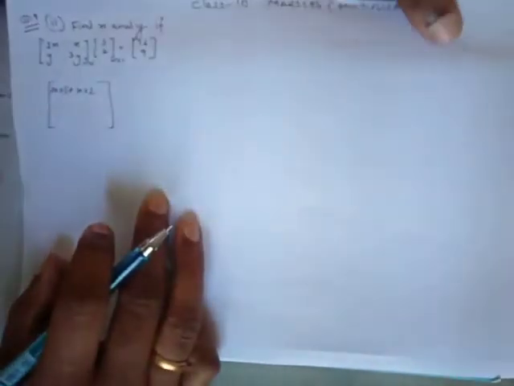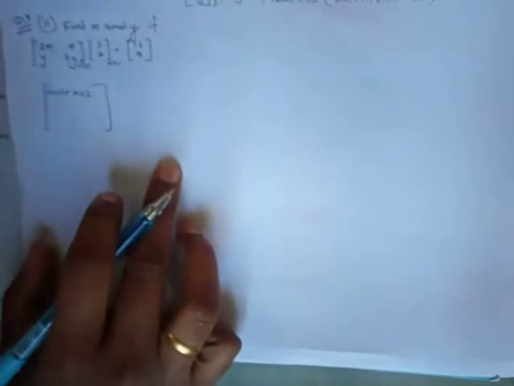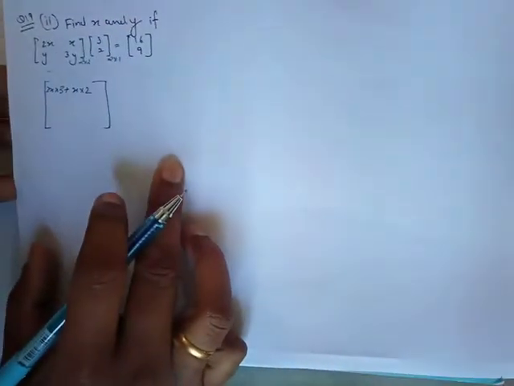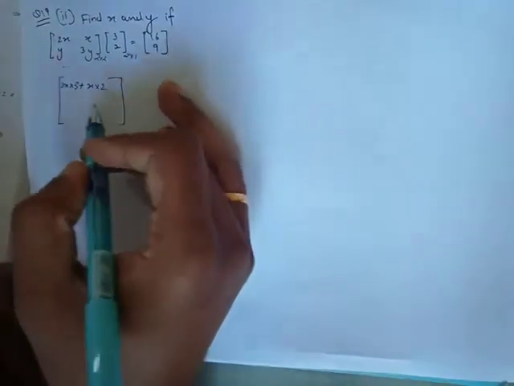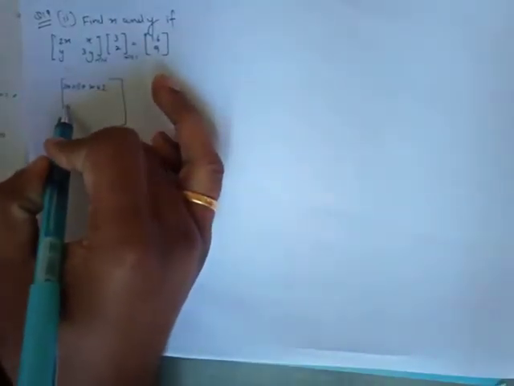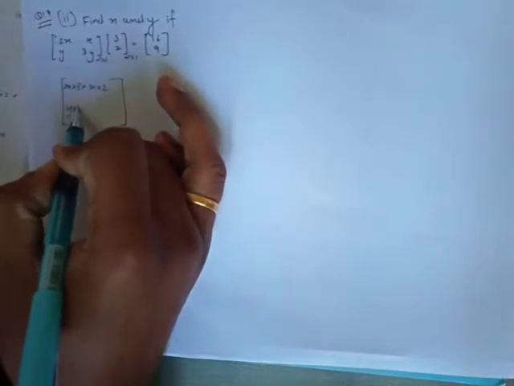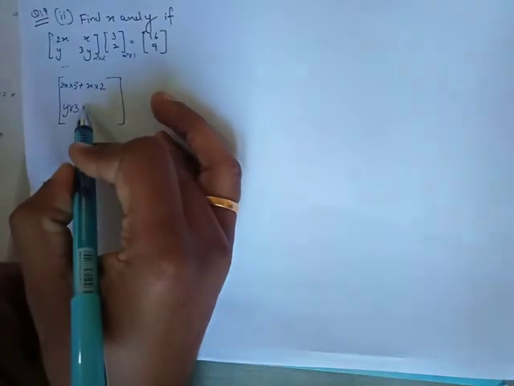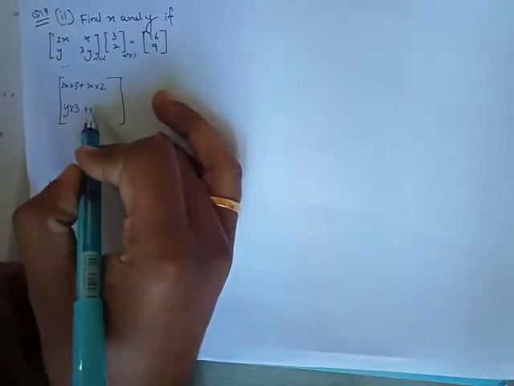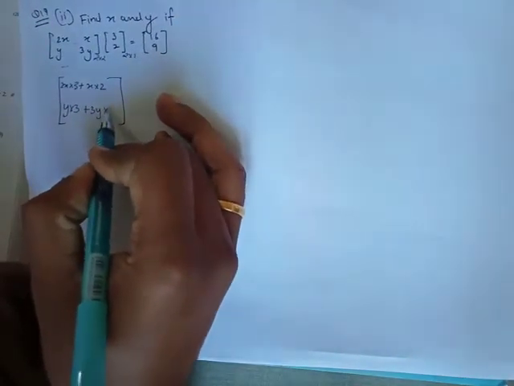I hope it's clear to all of you. So it's going to be y into 3, plus 3y into 2. That's how it's going to happen.